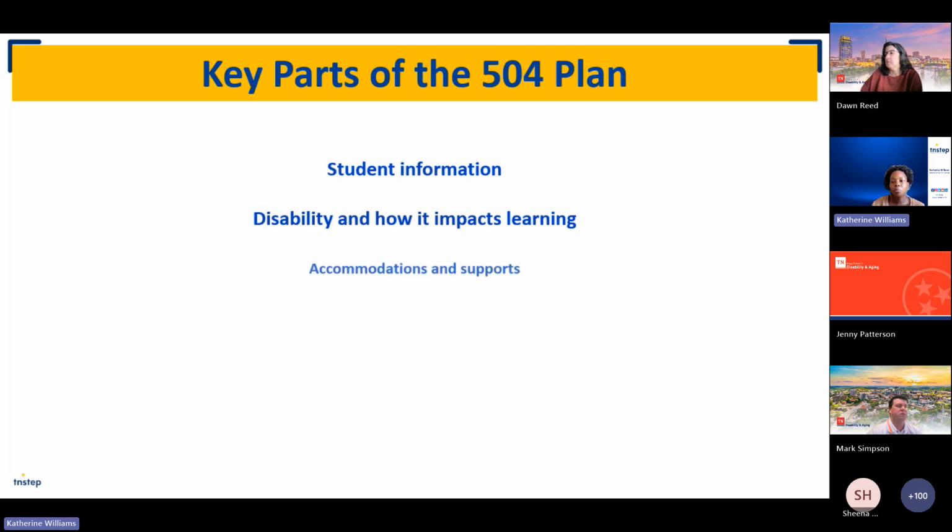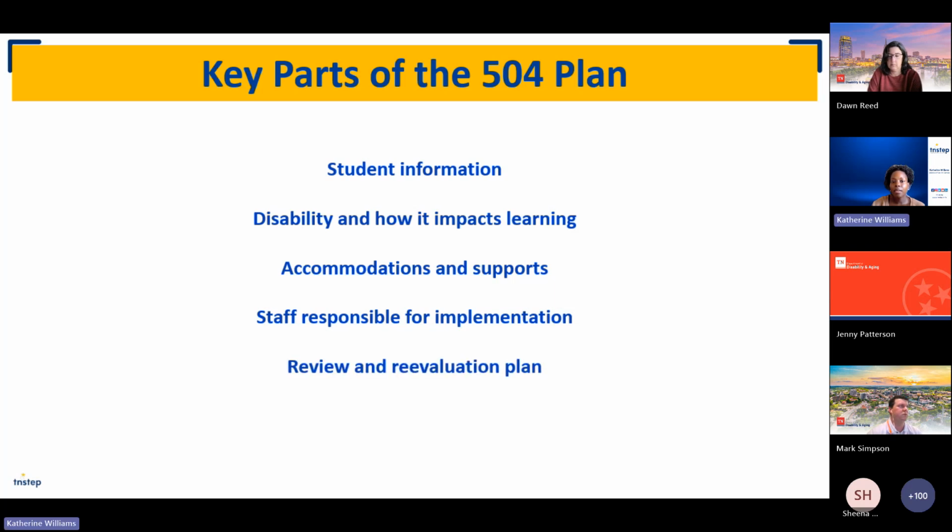There will also be information about the accommodations and supports your child would need, as well as who would be responsible for implementing these supports. And then there will be information on the review and any sort of reevaluation plans for the future. And then, of course, parent participation and signatures.